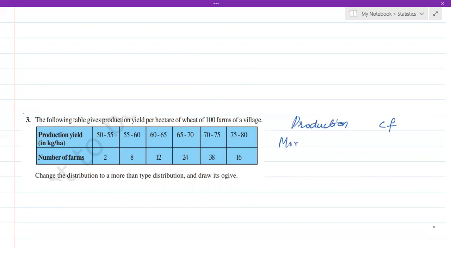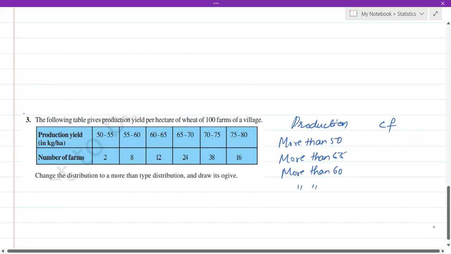So it starts like this: more than 50, more than 55, more than 60, more than 65, more than 70, more than 75.